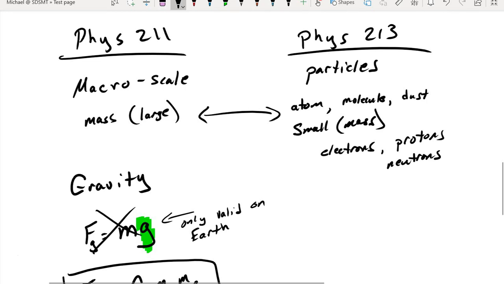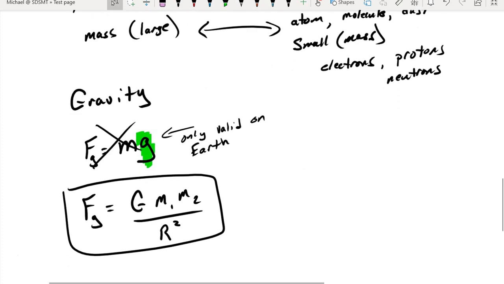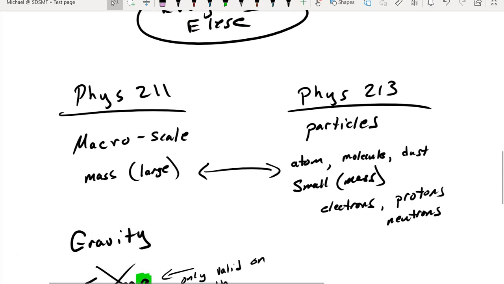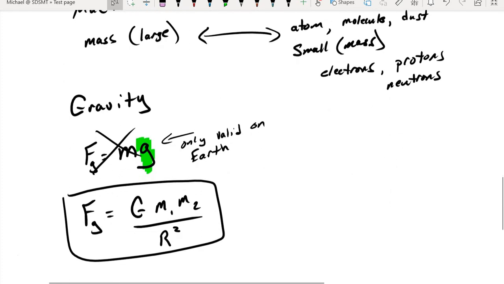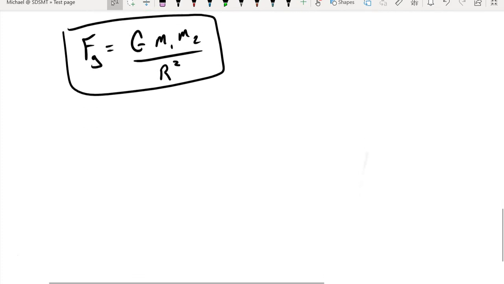These particles have extremely small masses, and if we were to try and plug those particles in to the gravity expression, we would get a negligible amount of force. And so forces like gravity are not really going to play a part in a lot of the particle-to-particle interactions that we see. And so what we need to do is consider other types of forces that are out there.